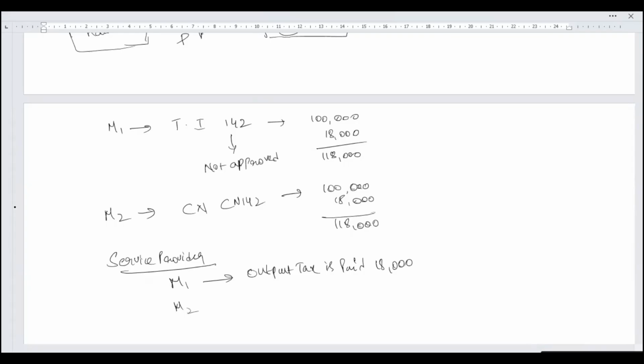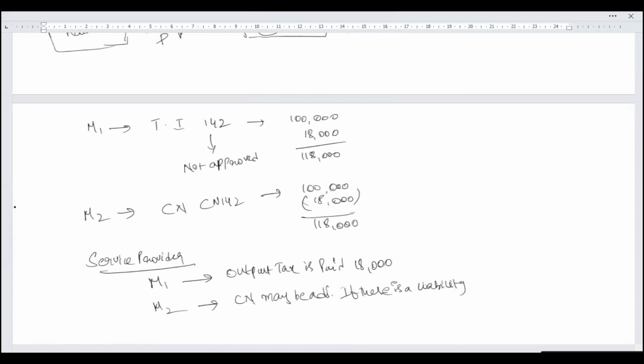In month 2, the credit note may be adjusted if there is a tax liability. If there is no liability, he cannot adjust. This 18,000 he can reduce from the output tax, if at all there is an output tax. Now, this is the scenario for the service provider.